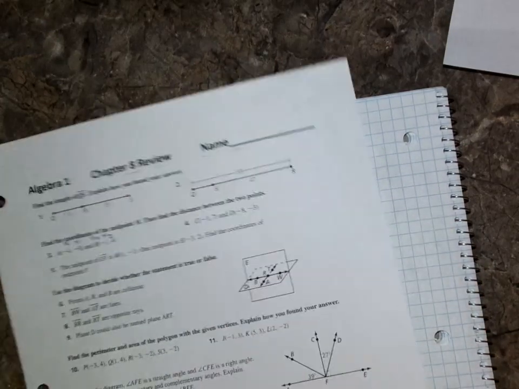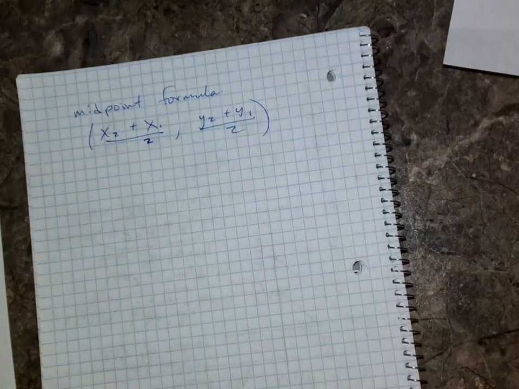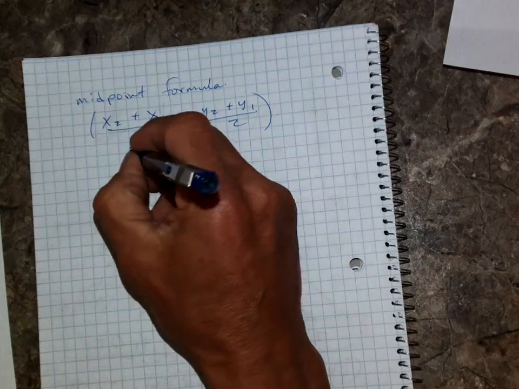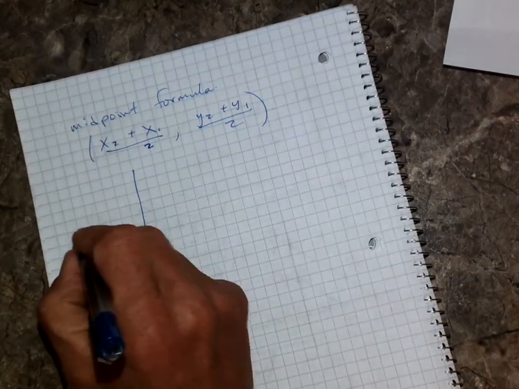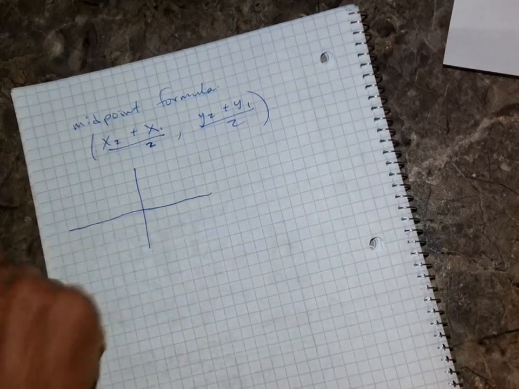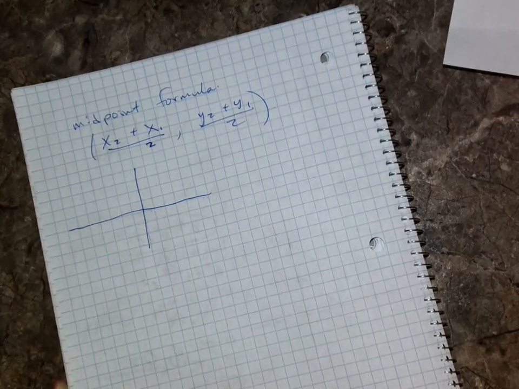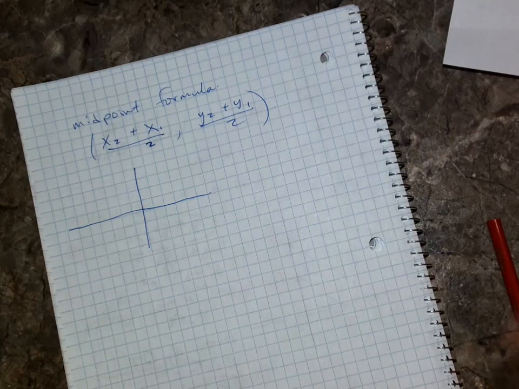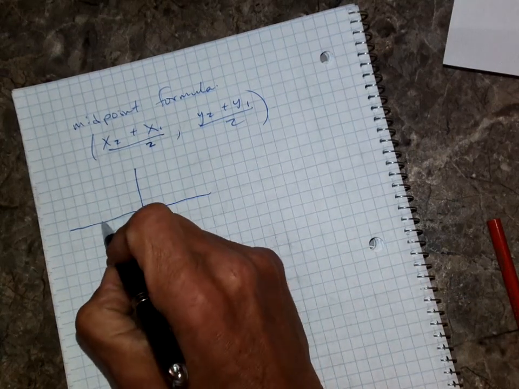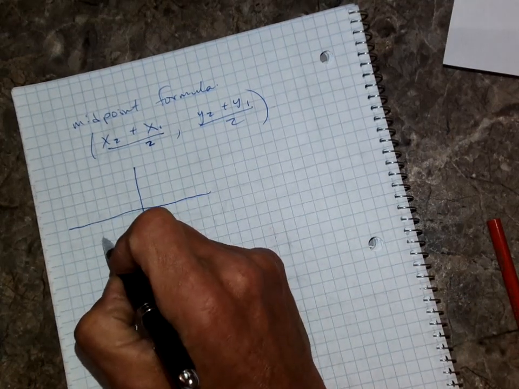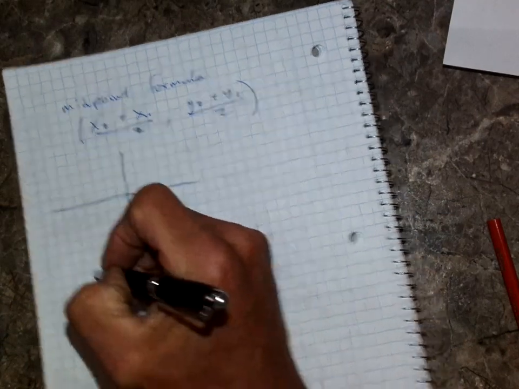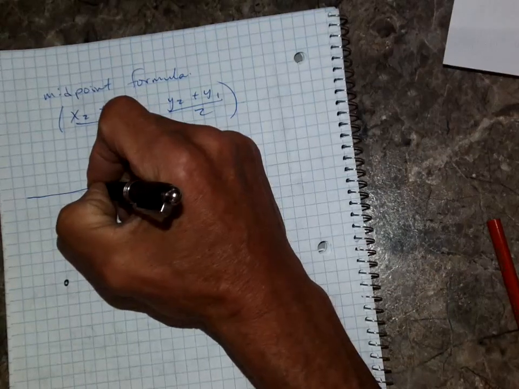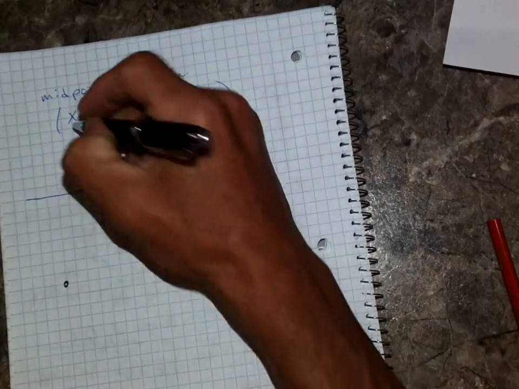I also want the distance, so one way to do it is by graphing, the other is the distance formula. Let's take a look at number 3 real quick. I'll do number 3 with you, and you guys can do number 4. One way to do these is just by graphing. If I go to -4, 1, 2, 3, 4, and -8, 1, 2, 3, 4, 5, 6, 7, 8 is way down here, and -1, 4, 1, 2, 3, 4 is way up here.